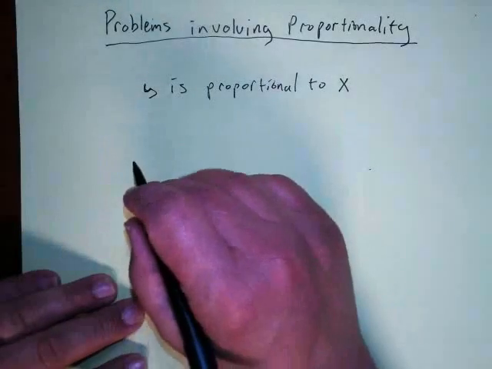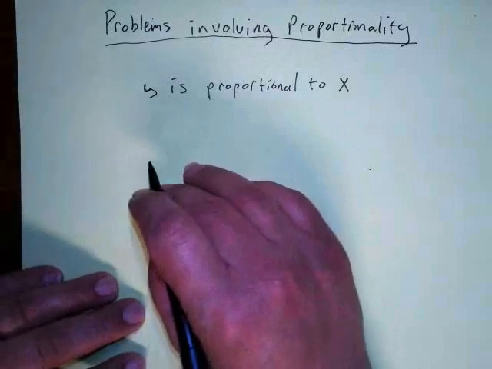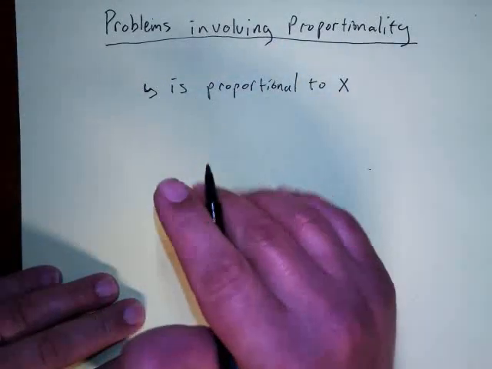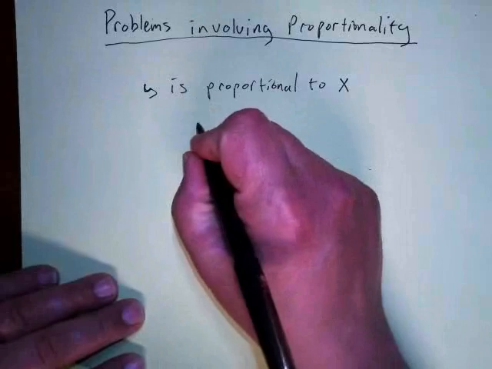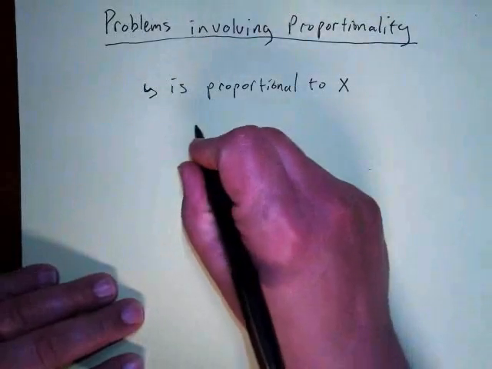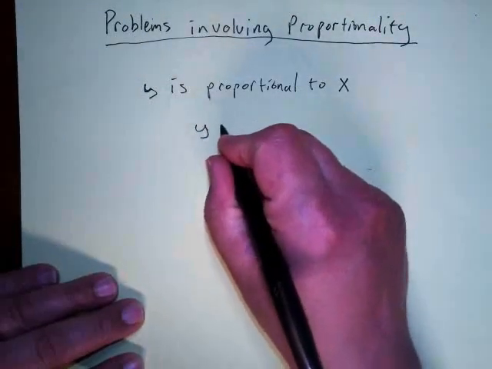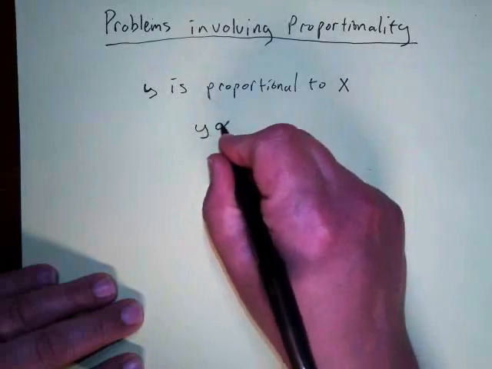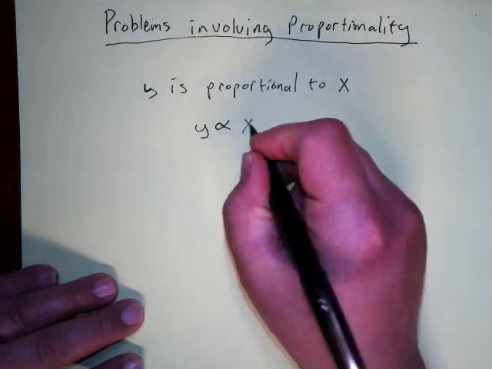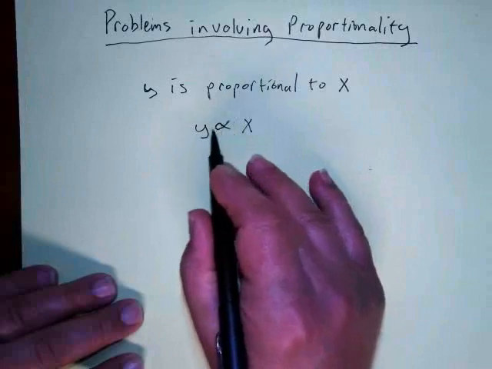Okay, so here's something that I learned when I first learned this concept that was helpful to me. When it tells me that Y is proportional to X, you could write Y, and then this symbol, which is kind of an alpha, the Greek letter.